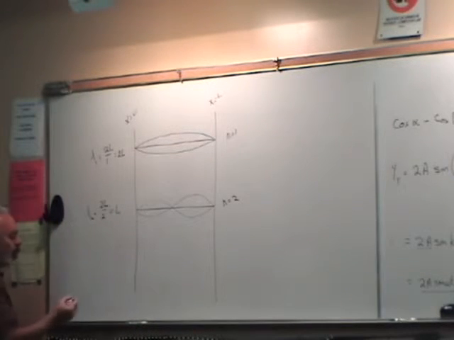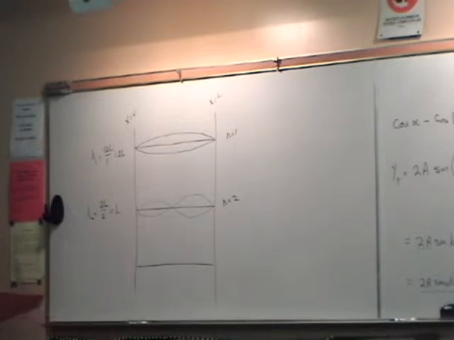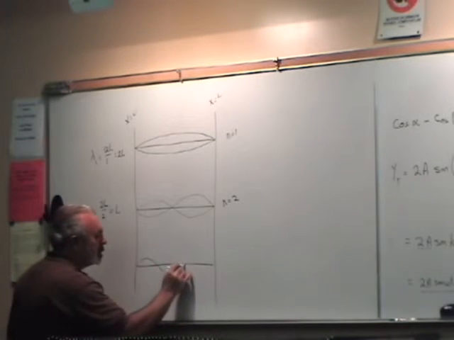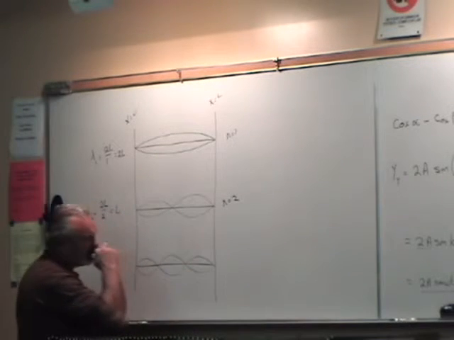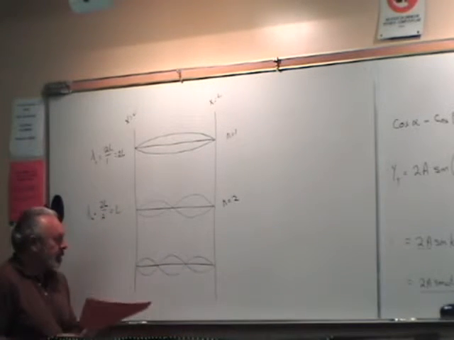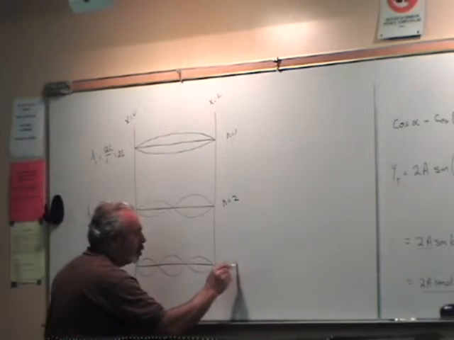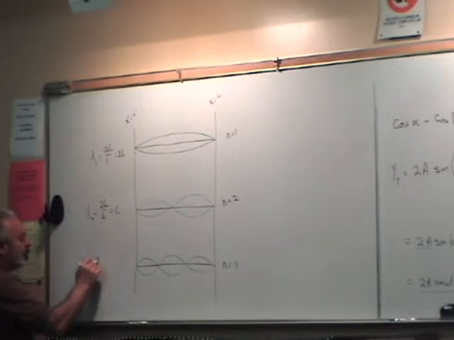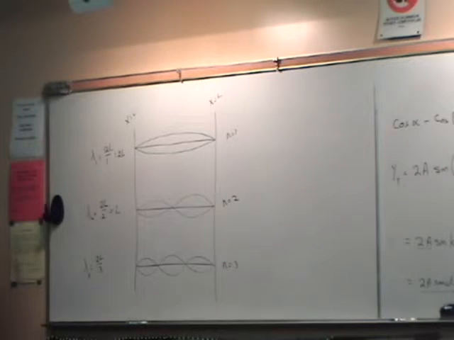And we can continue. I'll put one more in. And if I'm going to do that, of course I've got to have 1, 2, 3, like this. There is the situation for n equals 3. And of course, lambda sub 3 is 2L over 3, 2/3 of the length of the string.